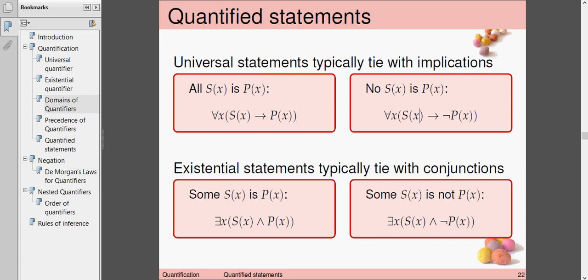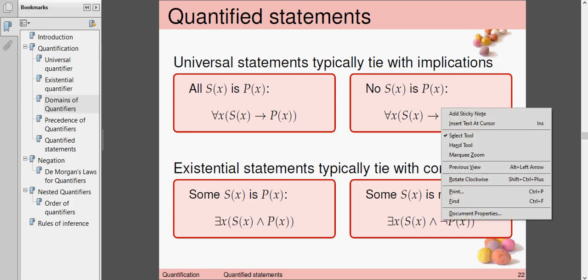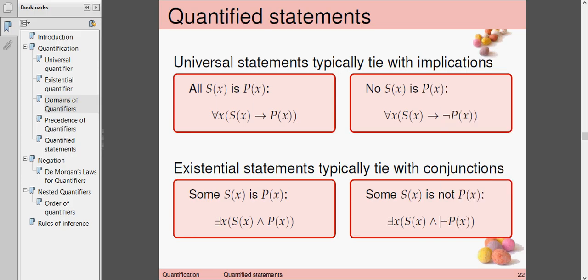Some X is B(X), so here this is correct. At least we have one X with S(X) and B(X). Some S(X) is not B(X): here we have not, that means the negation of B(X).